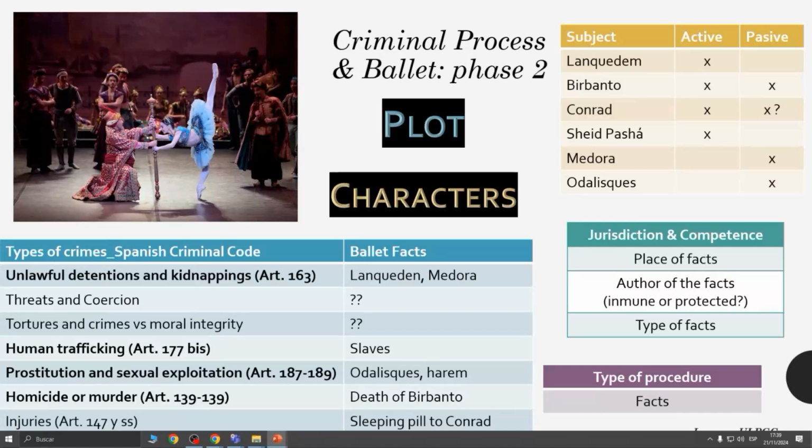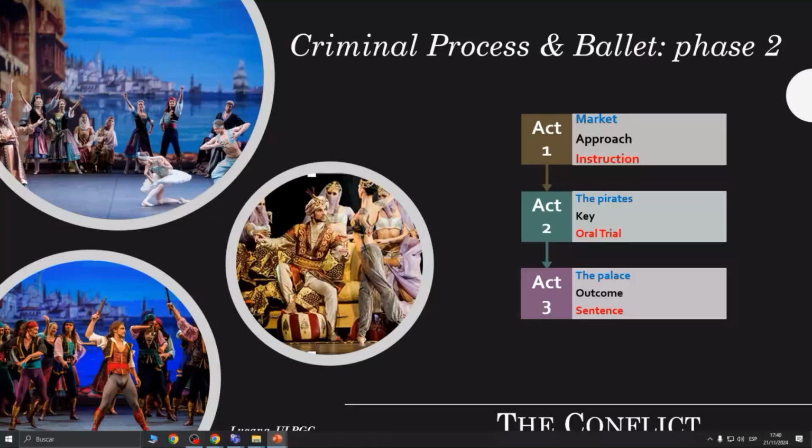So the student should try to define if that other type of crime applies or not. And we even have to determine, according to the place of the facts and the author, the jurisdiction and the competent courts, and also the type of procedure. We have 4 different common procedures in Spain, and some special ones. So depending on these elements, they have to choose or identify the adequate procedure.